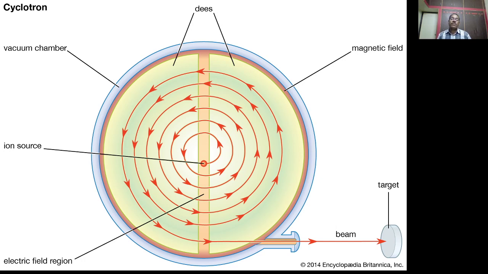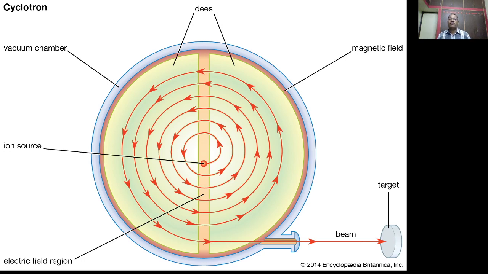There is a small gap between the two Ds, and the two Ds are kept in an evacuated chamber. A very high frequency oscillator is connected to the two Ds to apply the electric field, and that evacuated chamber is placed in a magnetic field.